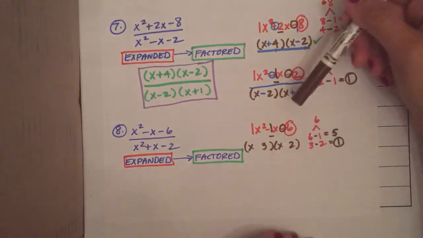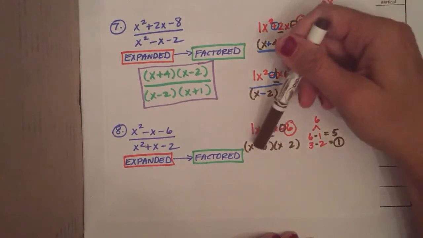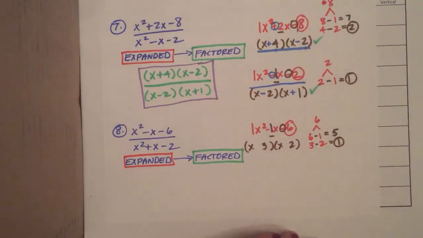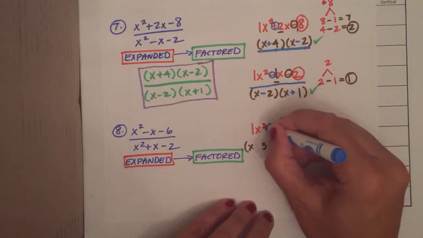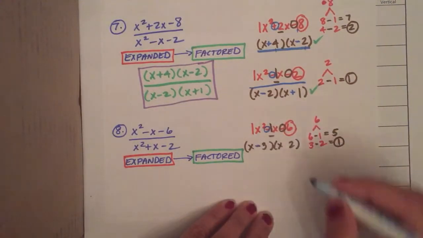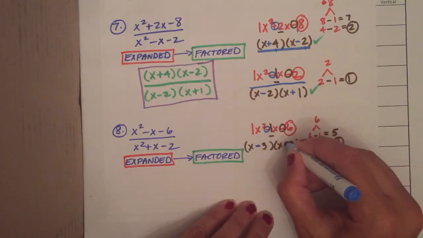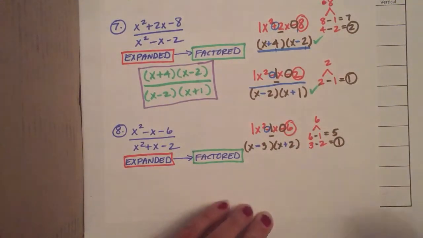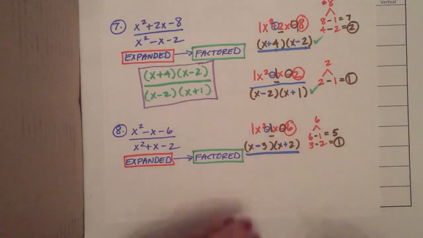Now once again, because the C value is negative, that means that you're going to have a negative and a positive here. So let's look at our B value. We are looking for a negative 1. That means that the larger factor has to be negative, and since the C value is negative, the other one's got to be positive. So there is your numerator.